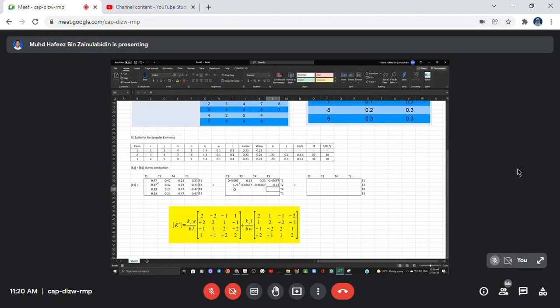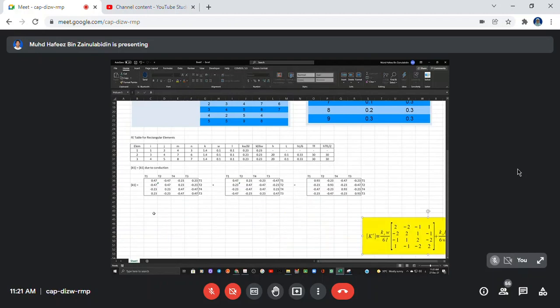This part equals this part. Then the total. Okay, that's it. The next one, K2.